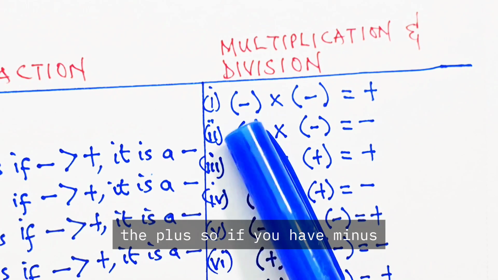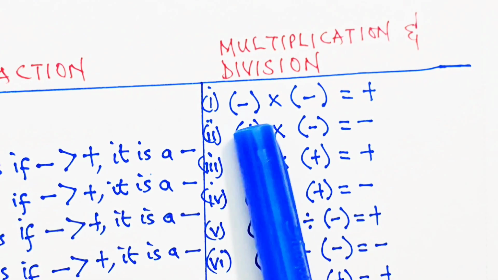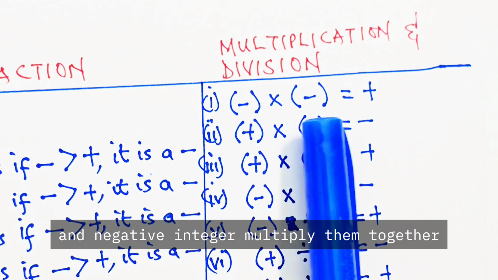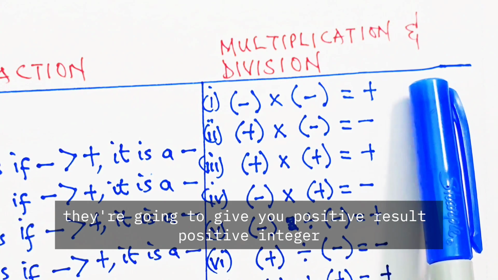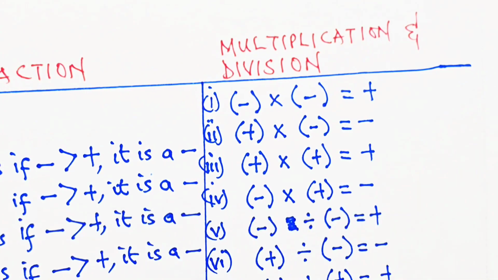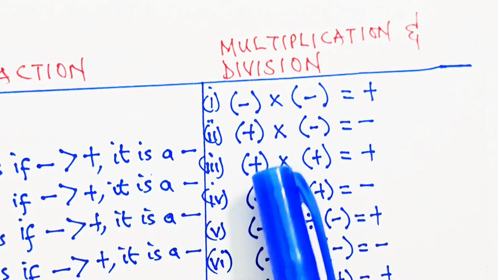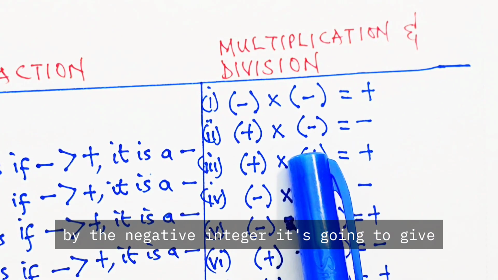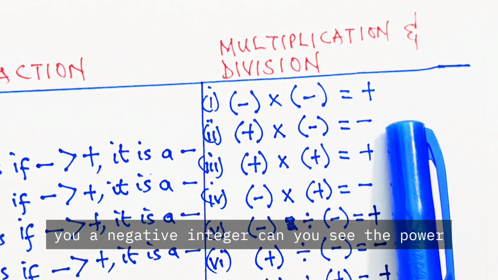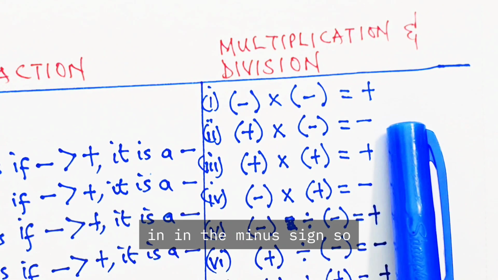So if you have a negative integer and a negative integer, if you multiply them together, they're going to give you a positive result, a positive integer. That's number one. Number two, if you're having a positive integer multiplied by a negative integer, it's going to give you a negative integer. Can you see the power in the minus sign?